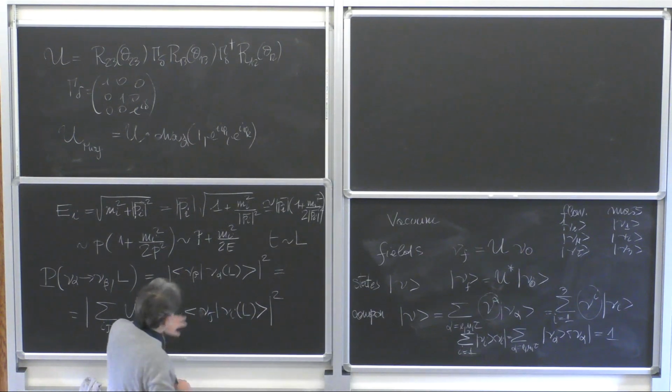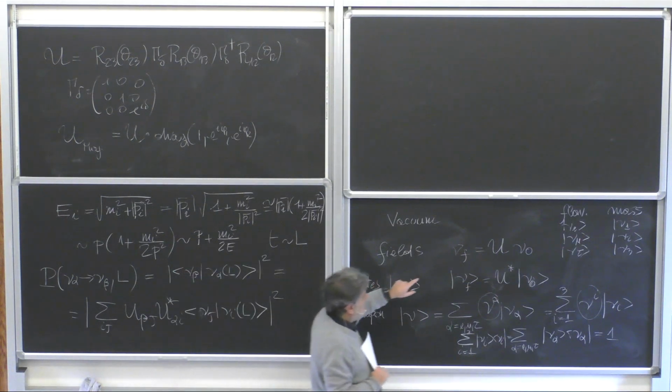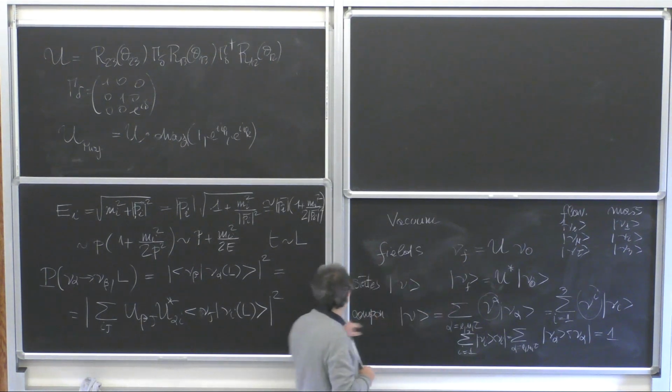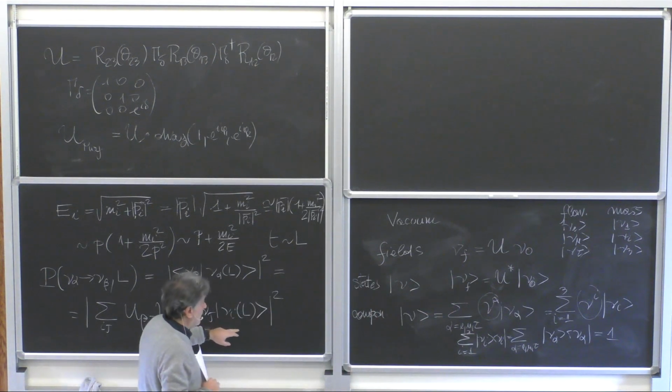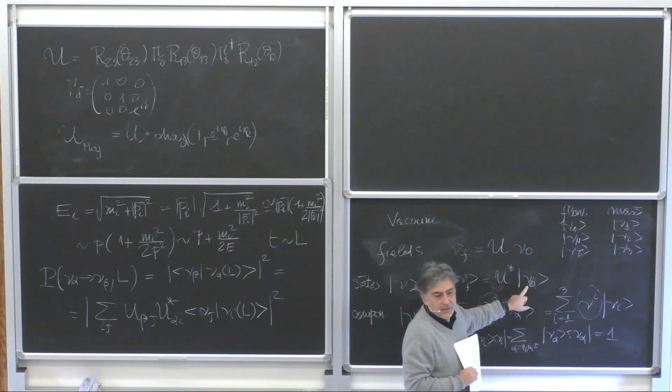So what we do, we write the states in the flavor basis as a superposition of the mass eigenstates.